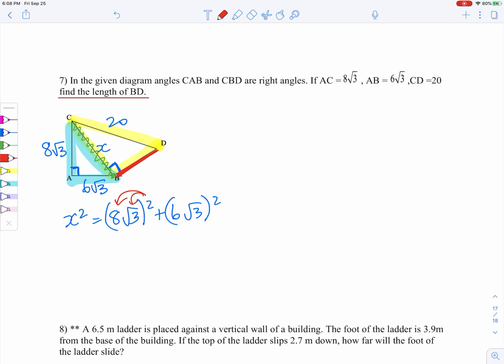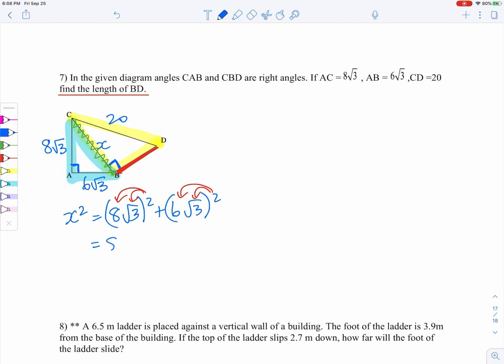So I'm going to distribute the squares on all of these. So 8 squared times root 3 squared is 64 times 3. And then 6 squared times root 3 squared is 36 times 3. So 64 times 3 is 192. 36 times 3 is 108.